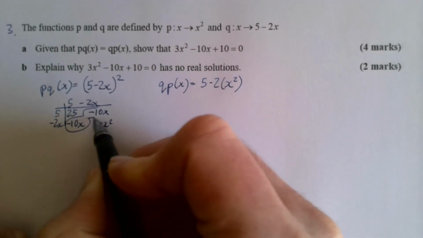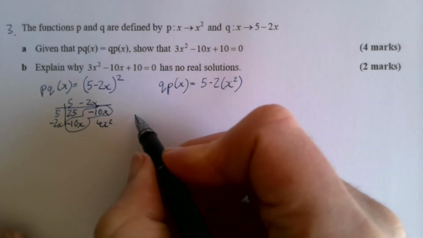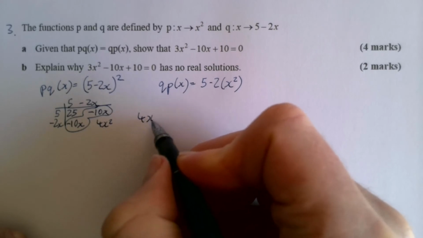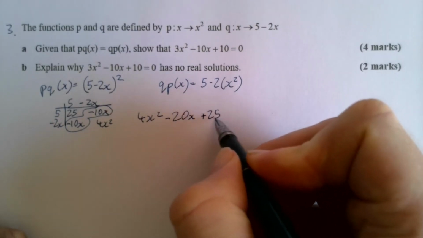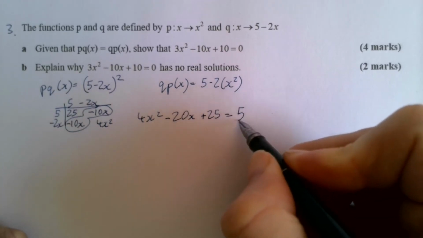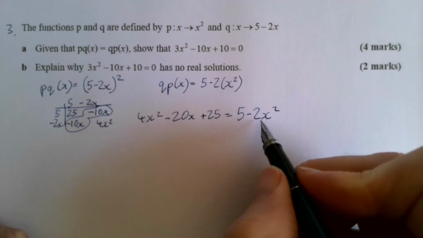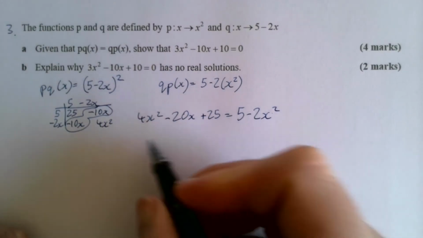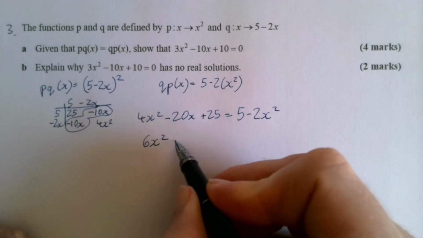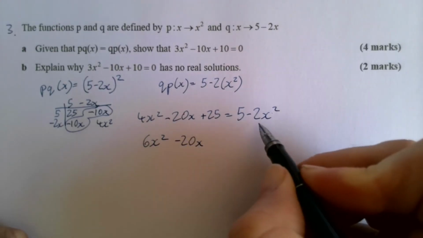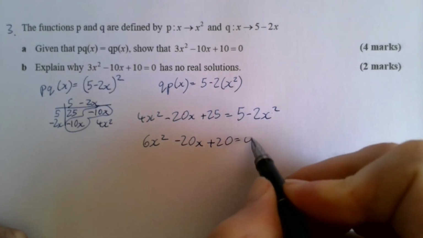We've got our peanut there. So we can say that PQX has become 4x squared take 20x plus 25, and that's going to be equal to 5 take 2x squared. Add 2x squared to both sides and take 5 gives you 6x squared take 20x plus 20 equals 0.